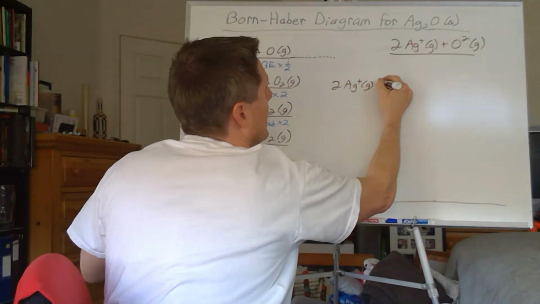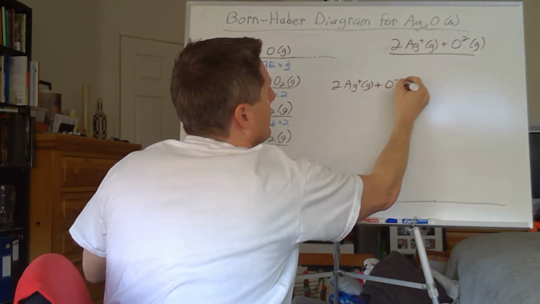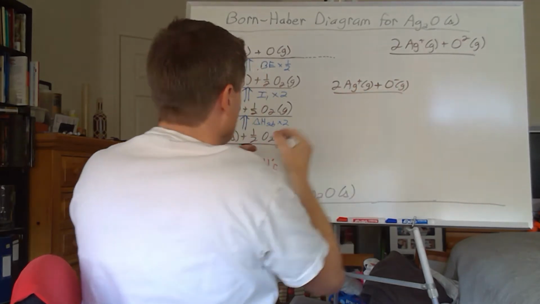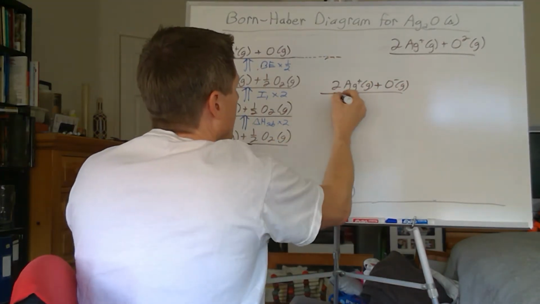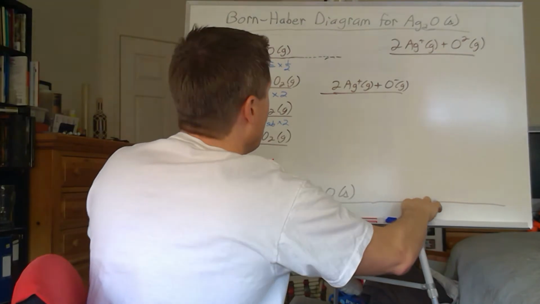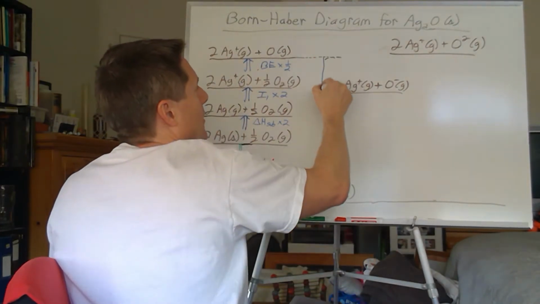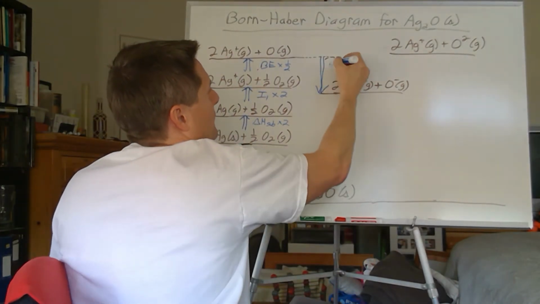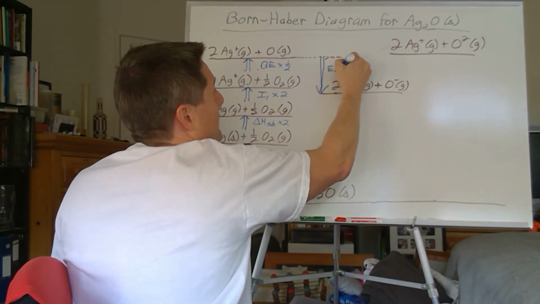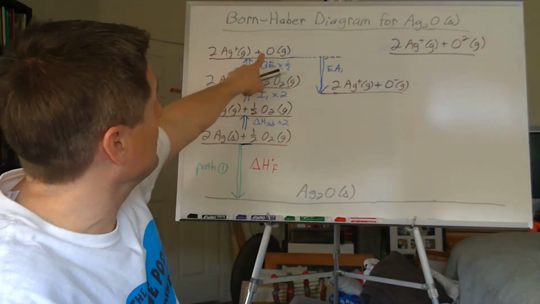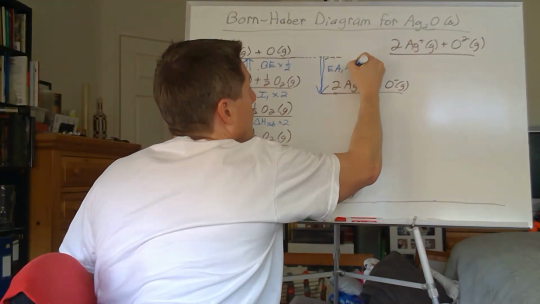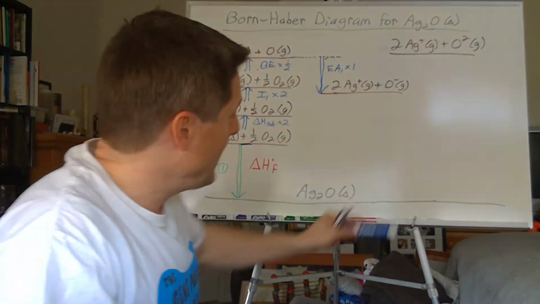And then we're going to add an electron to get the O minus. So I'm going to move that over a little bit. And then I will draw this pointing down. And that is Ea, the first electron affinity of oxygen, times 1.